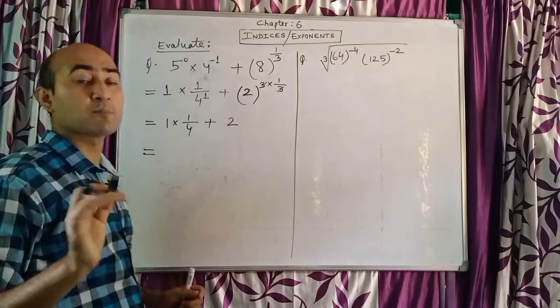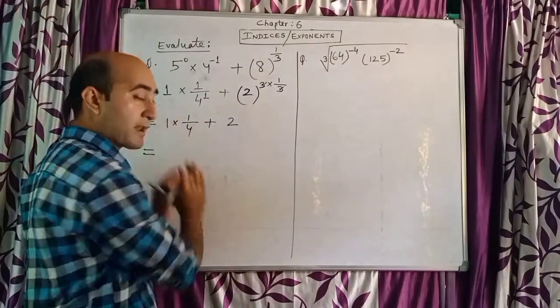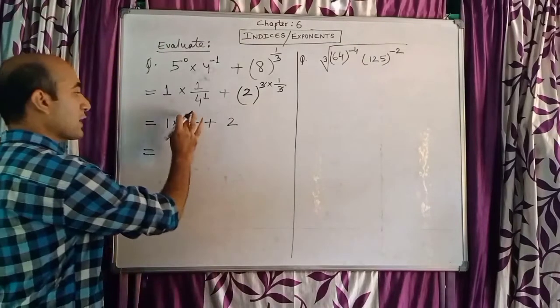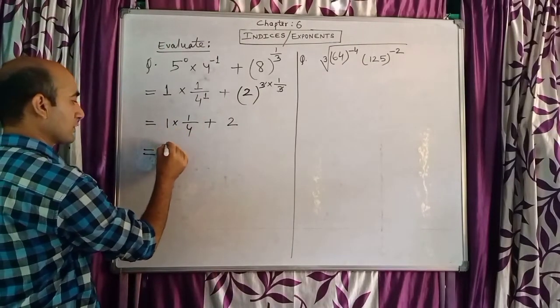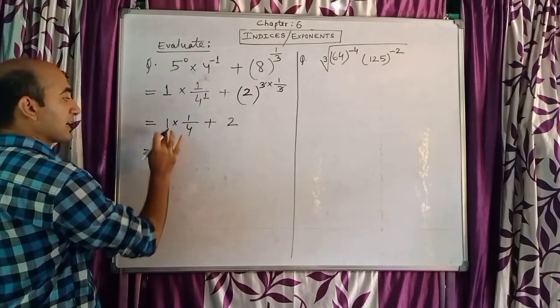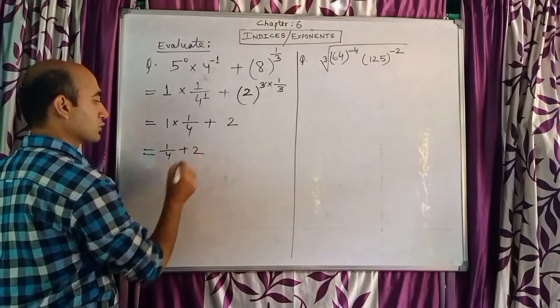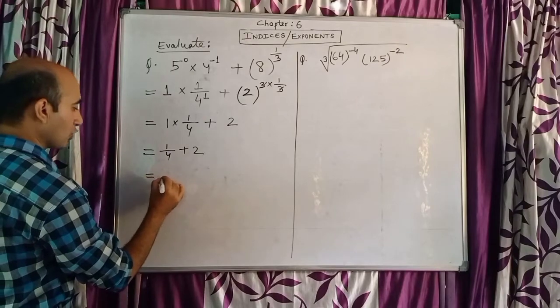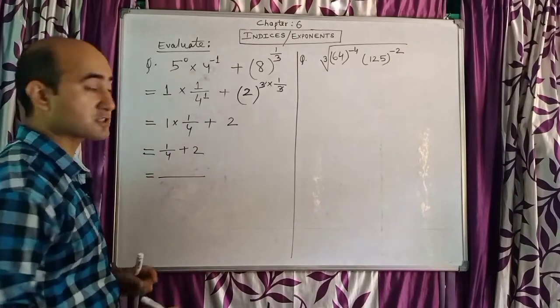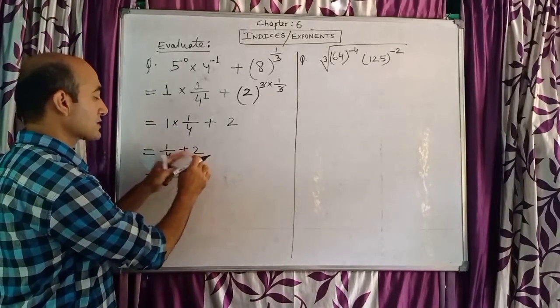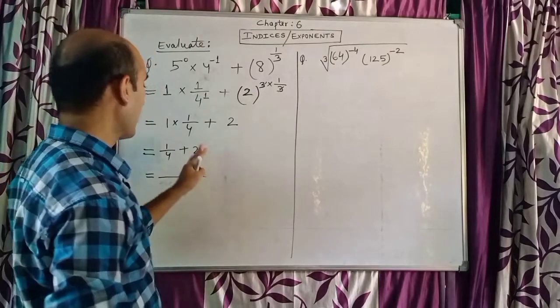Now according to the BODMAS rule, first you multiply, then you add. So multiplying 1 by 4 with 1, the result will be 1 by 4. Anything multiplied with 1 is the same number, plus 2. Now you have to do LCM for the addition, because one is a fractional number, one is a non-fractional number, a normal number.